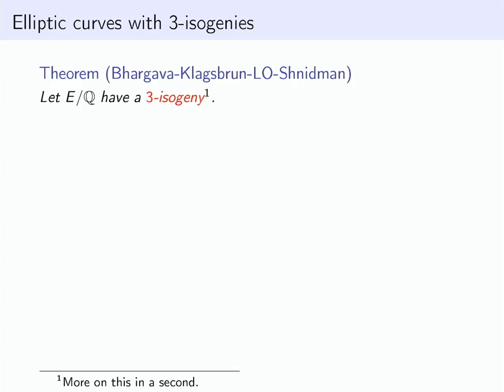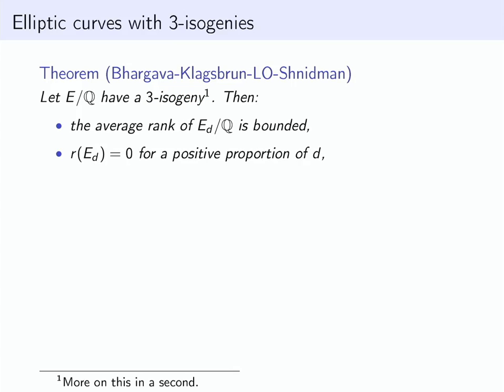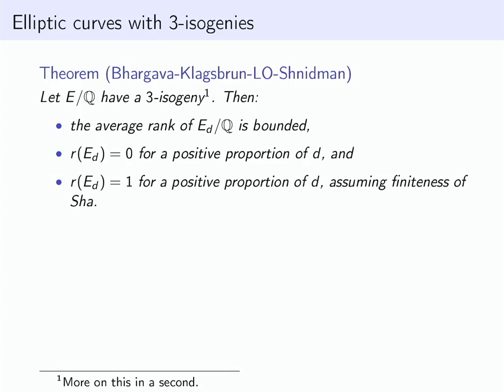Then what we're able to prove is essentially an analog of Heath-Brown's result. You can show that the average rank of the quadratic twist family is bounded, that a positive proportion of twists have rank 0, and a positive proportion of twists have rank 1, assuming finiteness of Sha. A couple of remarks are in order.